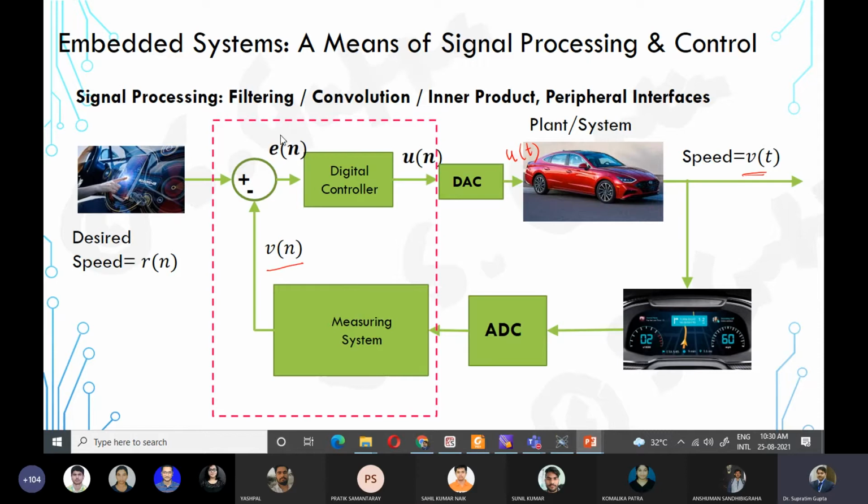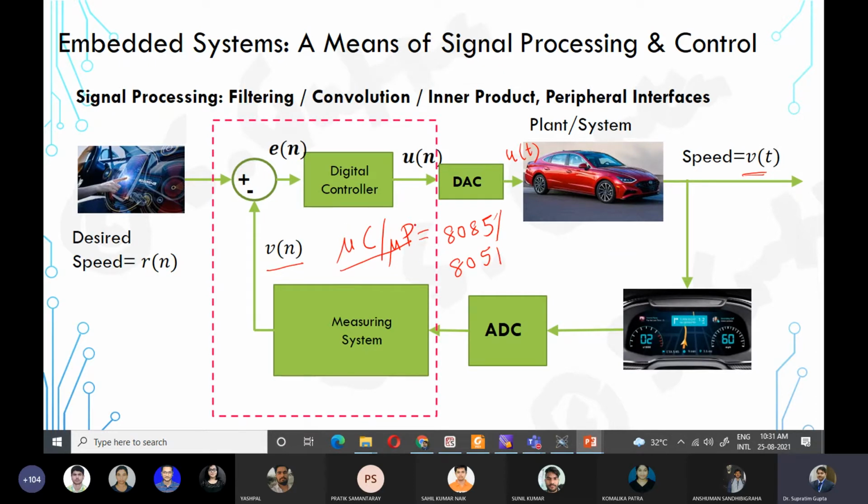Now, this particular dotted red line, which I told you is our microcontroller or microprocessor, can be any of the available ones. In our course, we'll be learning the 8085 or the 8051. But it is not mandatory that you should always use these.